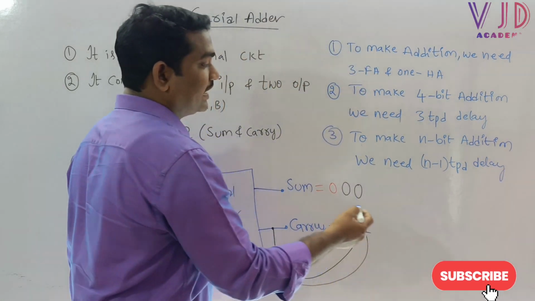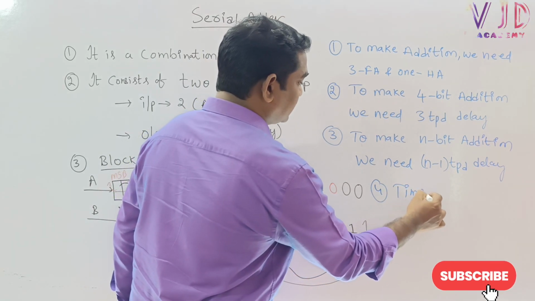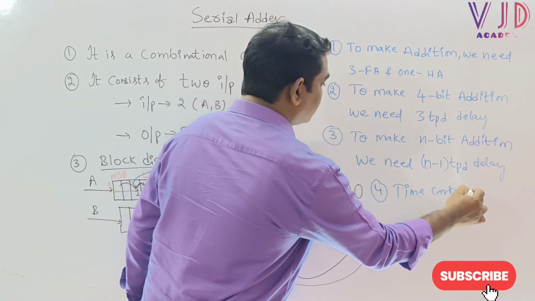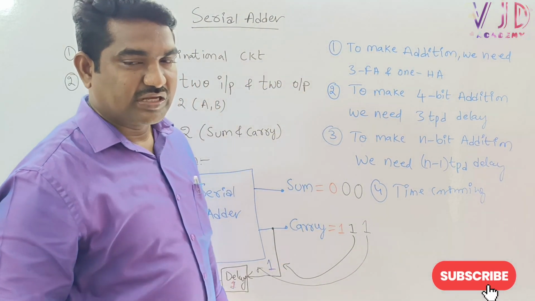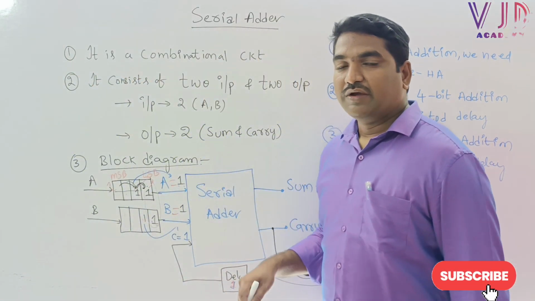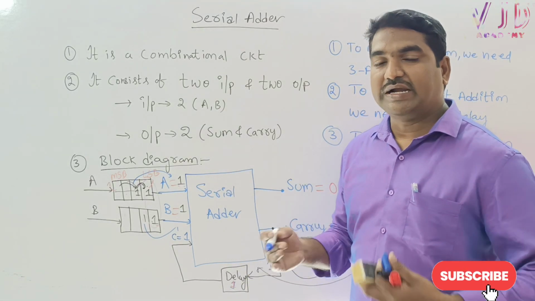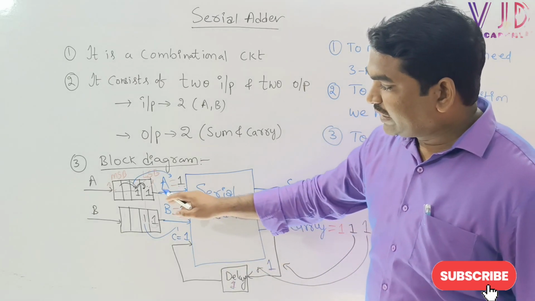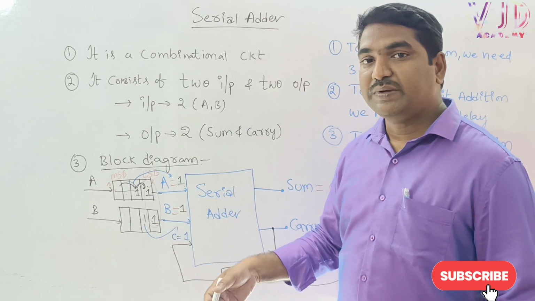Sir, this is a lengthy, time consuming process. This is a very huge disadvantage in the serial adder. If you want to add more bits at a time, it cannot add 4 bit, 5 bit, 6 bit at a time.